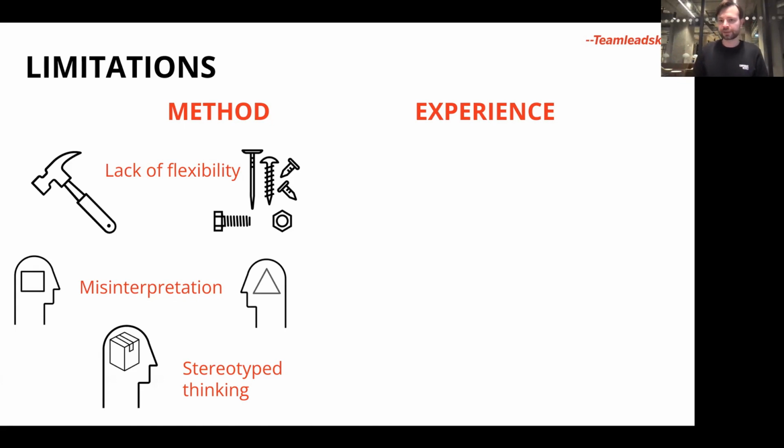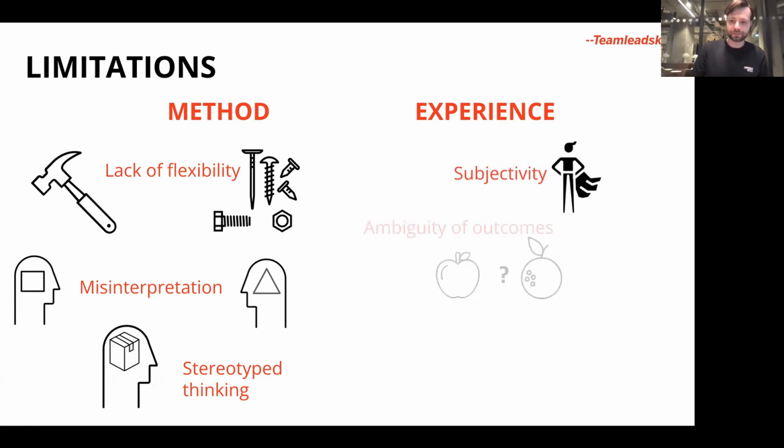In turn, experiential approaches also have their limitations. In the first place, people make mistakes, and so do teams. Secondly, any change based on experience makes the evaluation of outcomes a separate task.